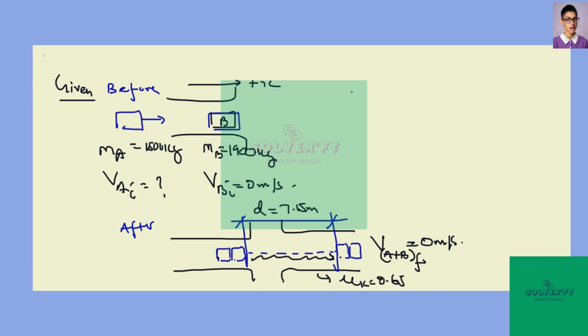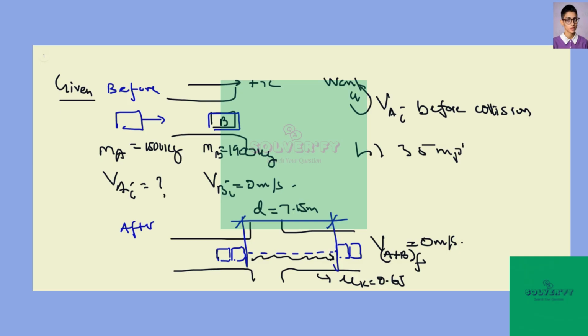In part A, we want to find the initial velocity of A before collision. And then in part B, we're told that the speed limit is 35 miles per hour.